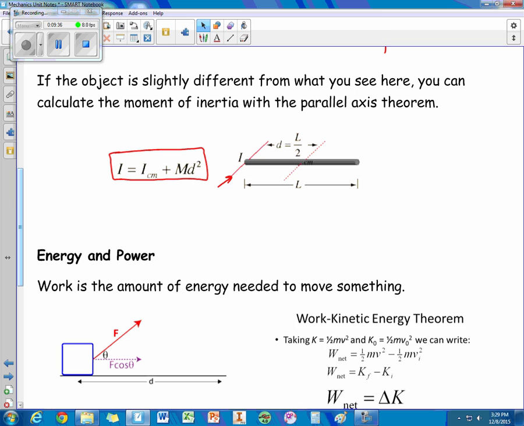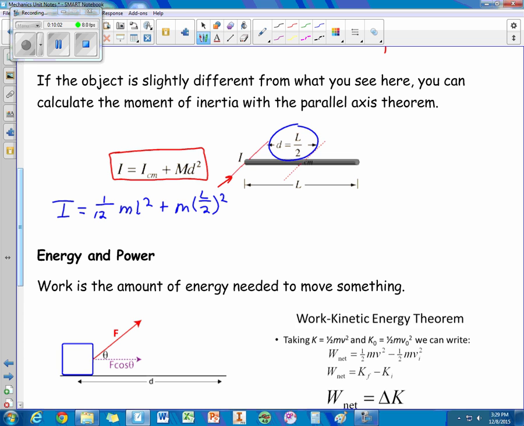Well, to do that, the moment of inertia would equal the moment of inertia at its center of mass. Well, for a rod, that's 1/12 ml squared plus m d squared. Now, d is the distance from where you're trying to rotate it to its center of mass. So for this, it would be L/2.